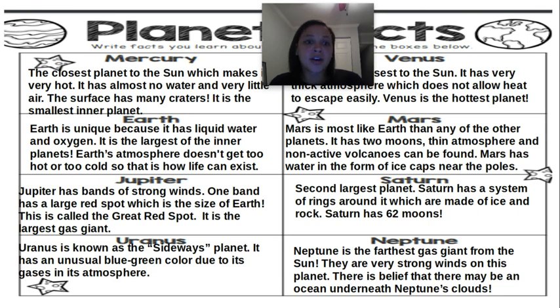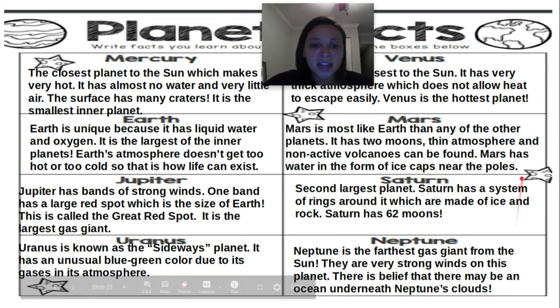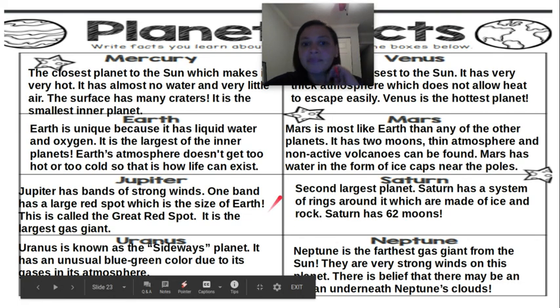You may also keep this screen on pause when you go to do your assignment, and you can use this graphic organizer to help you with your assignment. So you can always come back to this and leave the screen on pause to help you with your assignment.